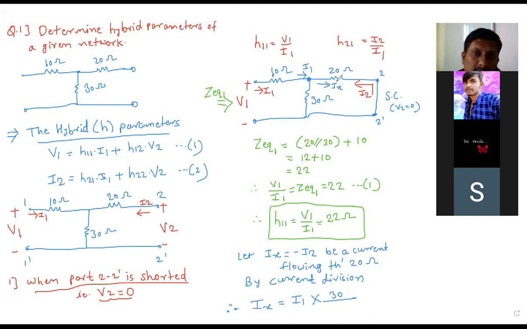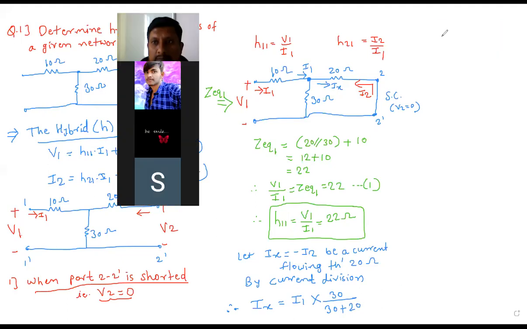Some current Ix will flow through the 20 ohm, and the remaining current will flow through the 30. So to find Ix, the opposite branch resistance is 30. 30 divided by 30 in the denominator, plus the total equivalent resistance through which Ix flows, that is 20. So you can note that down and write it.